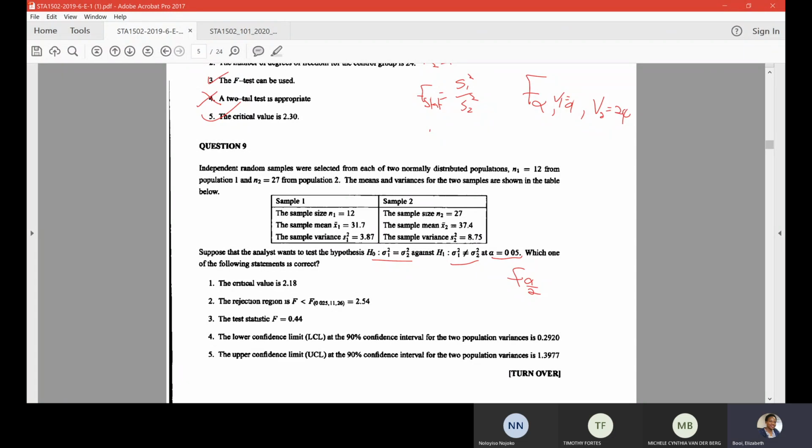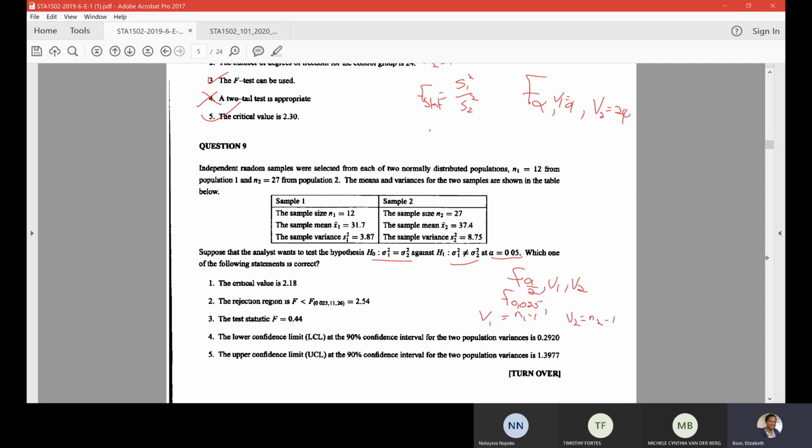Finding the critical value. I've shown you how to find the critical value. So find the critical value with V1 and V2, knowing that V1 is N1 minus 1 and V2 is N2 minus 1. Once you found that, you do alpha divided by 2, which will give you F of 0.05 divided by 2, which is 0.025.